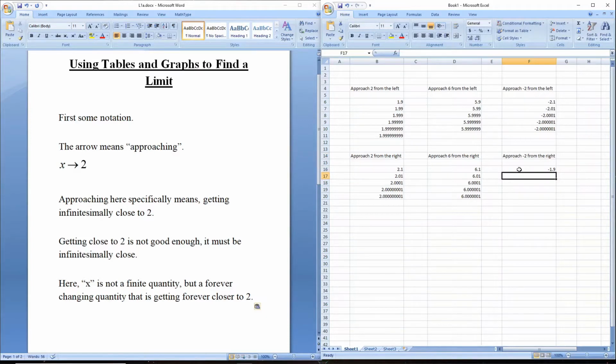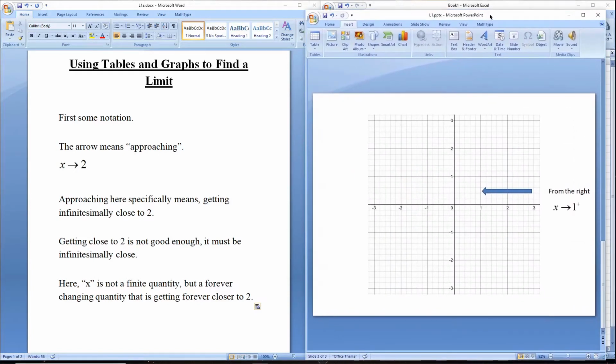So we're to the right of minus 2, and now we want to get closer and closer to minus 2. So that would be something like minus 1.99, and then start stacking some 9s in there. And so we're expressing the idea that we're going to approach minus 2 from the right.